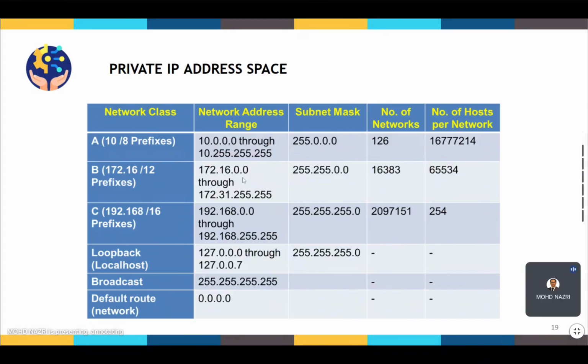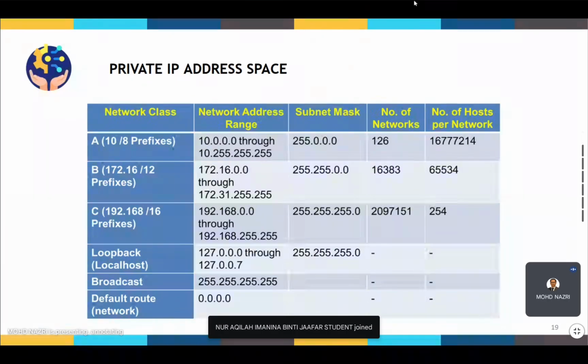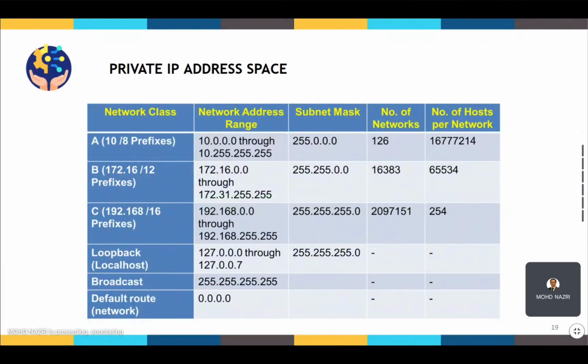The decimal network address range starts from 172.16.0.0 through 172.31.255.255. The subnet mask is 255.255.0.0. For class B private IP addresses for a local network, you can configure up to 16,383 network addresses, sometimes called VLANs.